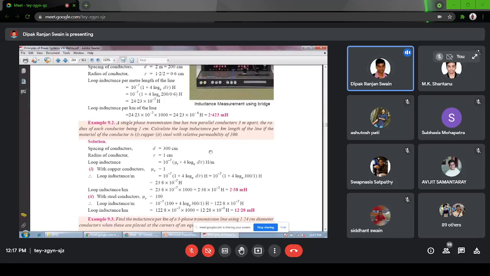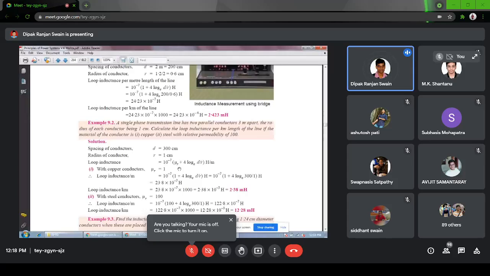Depending on this permeability, because we have taken mu R as 1, sorry, for the air we have taken 1, but if I take the relative permeability of 100, accordingly you have to put the value in that.